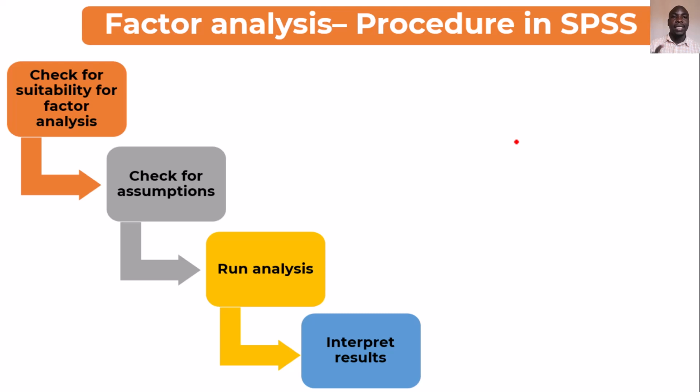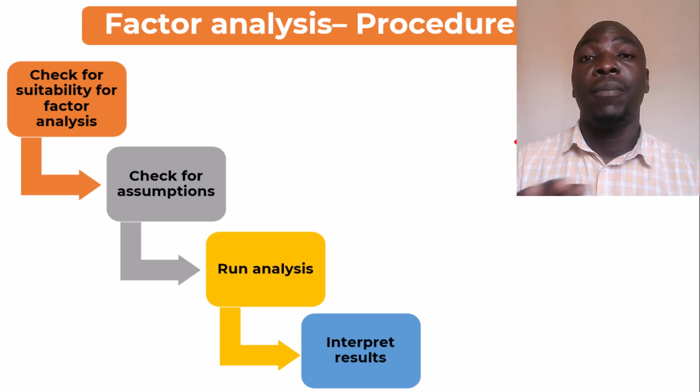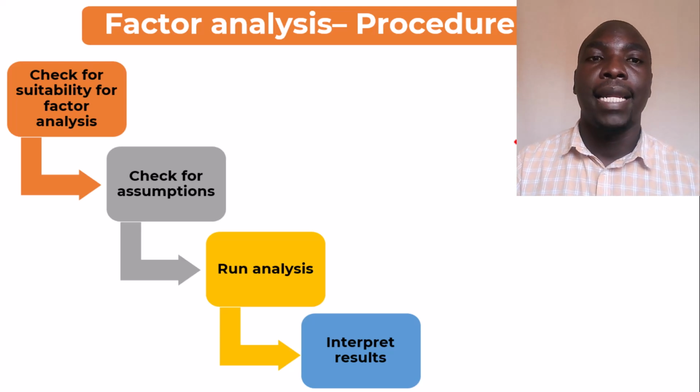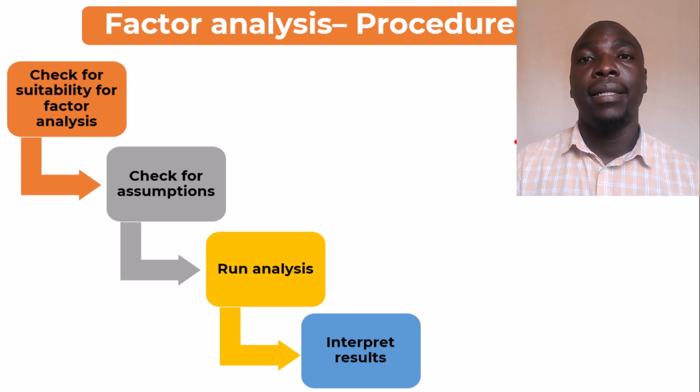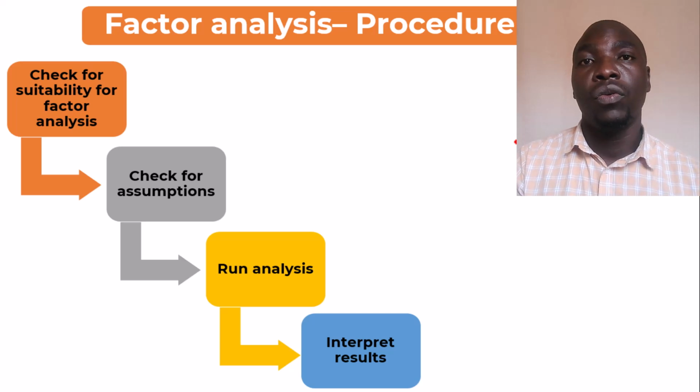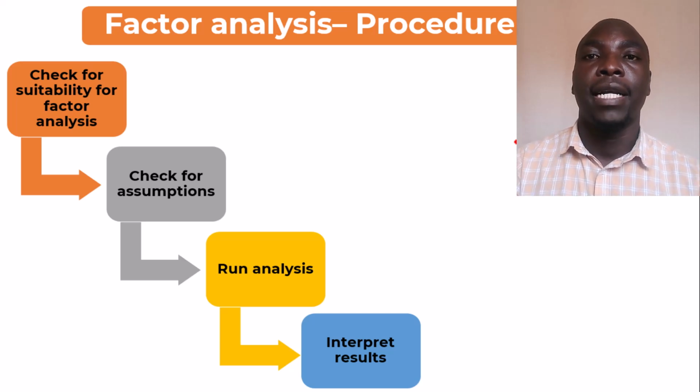Each of these key steps has detailed procedures that we are not going to go into for this episode. I hope you've had an overview of factor analysis, what it is and what it is supposed to do, plus the types of factor analysis.